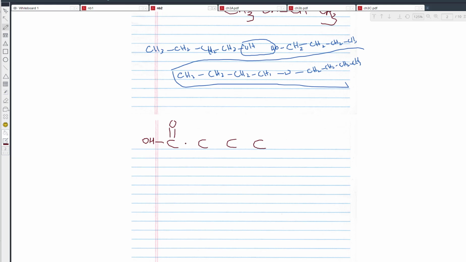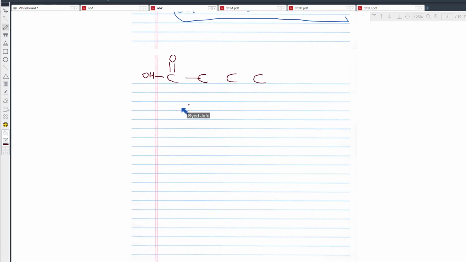One important thing: when you are making this structure, I recommend you make it like this, showing the bonds through oxygen, if it is possible. Yes, you're right, like this. Okay, what next?